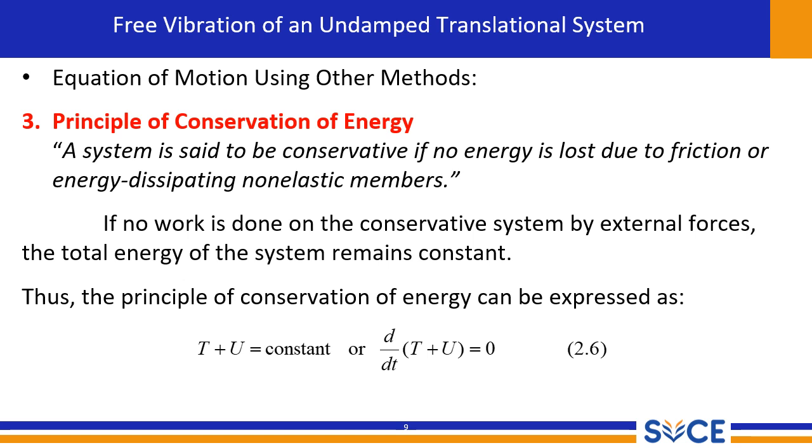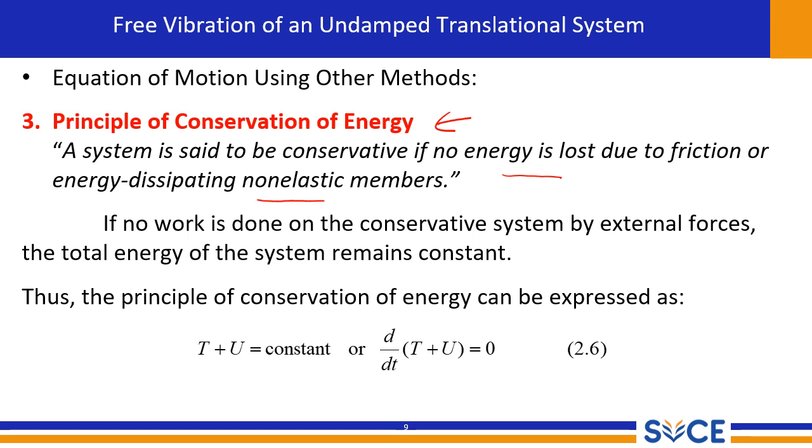Let me explore the principle of conservation of energy, a third powerful approach for deriving equations of motion. The principle is based on the fundamental concept that energy cannot be created or destroyed, only transformed from one form to another.